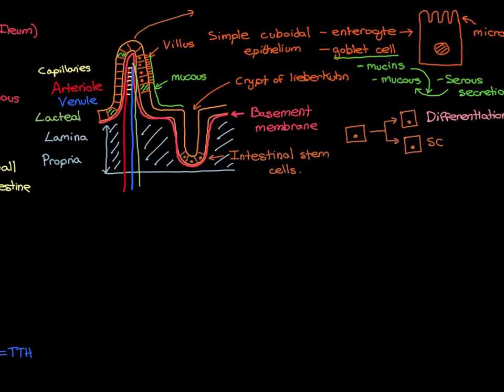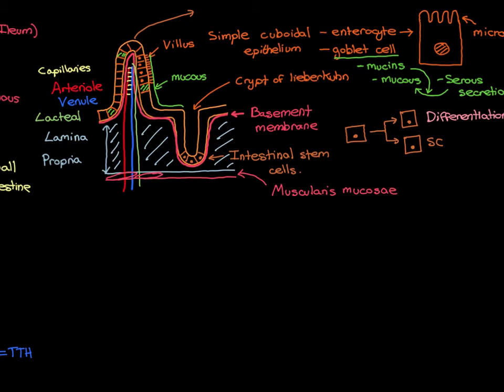Okay, then another little layer to talk about here. Underneath the lamina propria, you have a very thin layer here of smooth muscle cells, which is known as the muscularis mucosa. So this is a very thin layer of muscle. You're going to have a much thicker layer of muscle later on, but this is just a little curious thin layer of muscle here known as the muscularis mucosa, and this will be smooth muscle cells, and I'll try and draw a few of these smooth muscle cells in here.